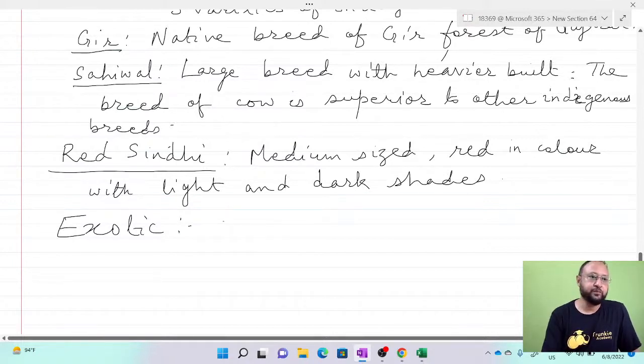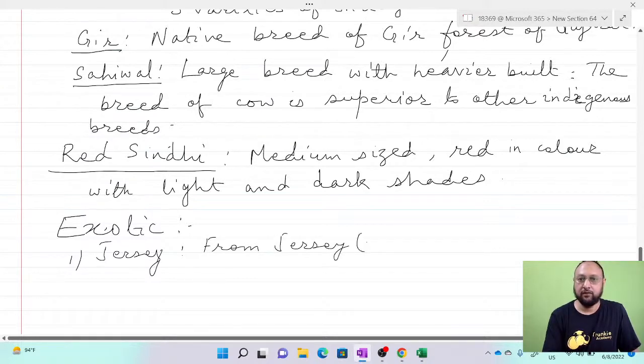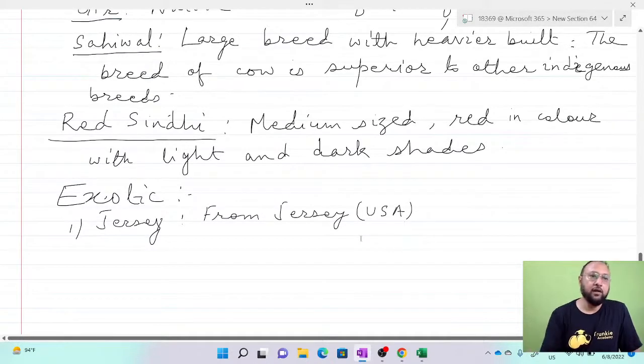In case of exotic, number one is the Jersey, the original breed of the islands of Jersey.